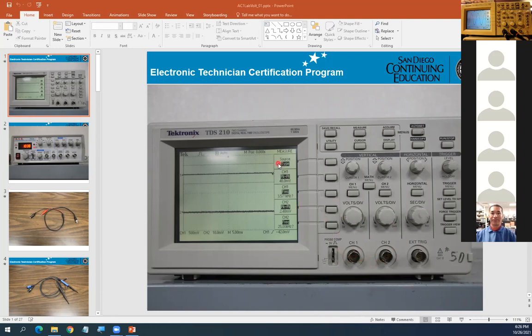And here, there are windows: 1, 2, 3, 4, 5. This window, you can set to use channel 1. That one you can set for channel 1. And this one, channel 2, or this one, channel 2. That is the first thing you must decide.